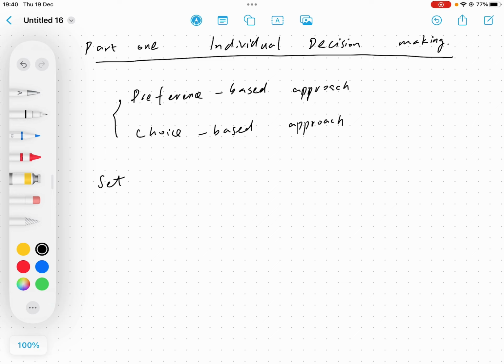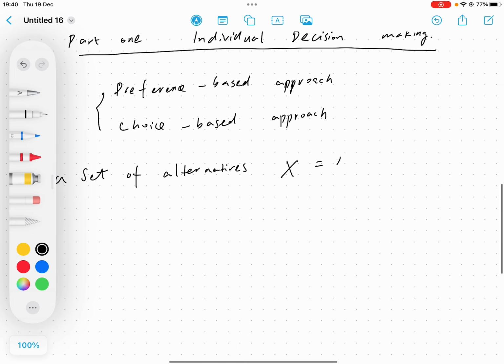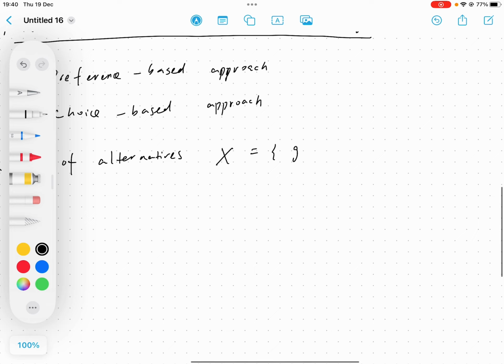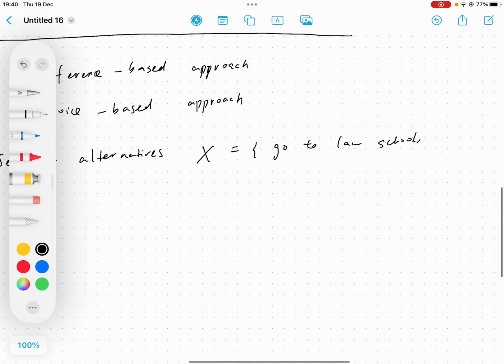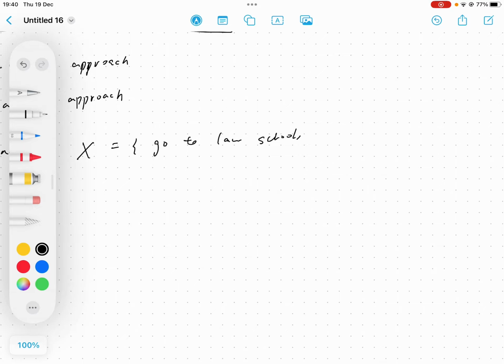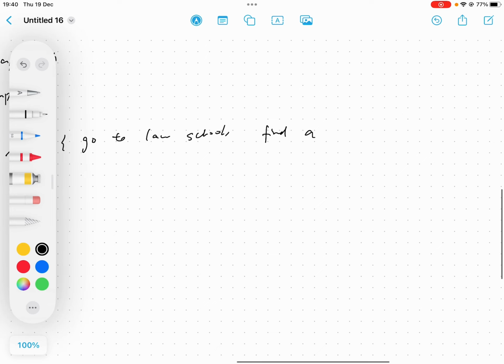Okay, so that's the first definition, or the first concept that we're going to have. So a set of alternatives. Okay, and we normally use this capital X. And this X, let's say, the student could go to law school, right? Or maybe find a job, right?